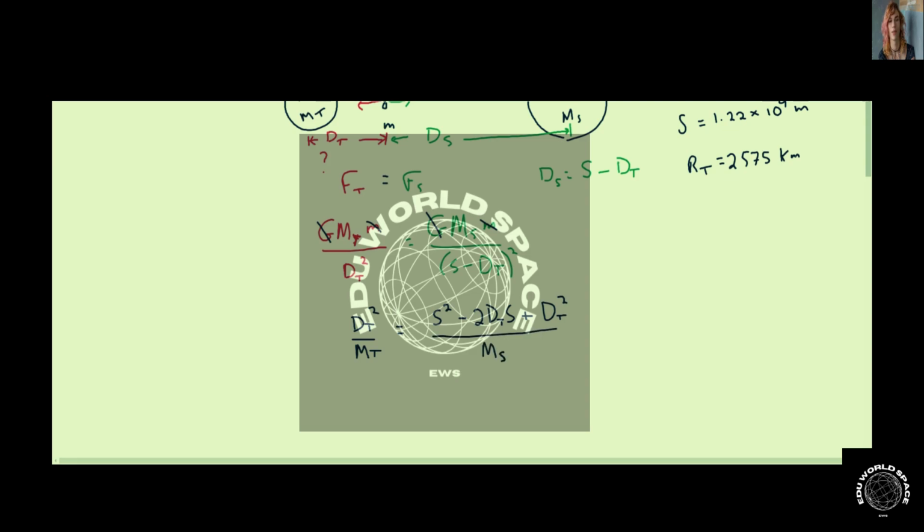And with a little bit of rearranging, we finally come up with the following quadratic equation. The ratio of the masses, with the large mass of Saturn making a very large quantity. And of course, s squared is incredibly large as well. And that should be a minus.